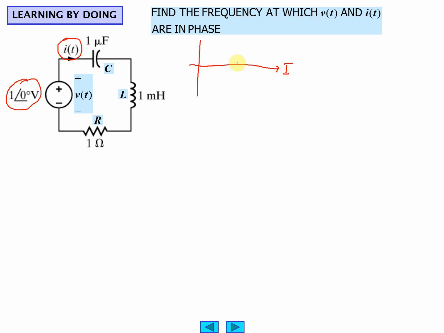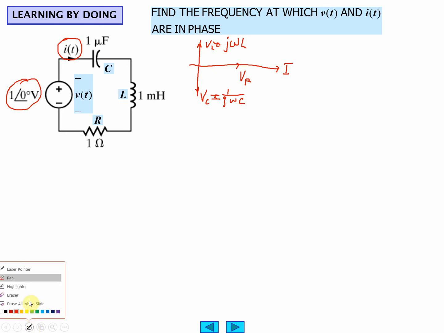So VR is going to be I times R. VL is going to be J omega L. And VC is going to be 1 over J omega C. Okay, that's an equal sign, not a not-equal sign.